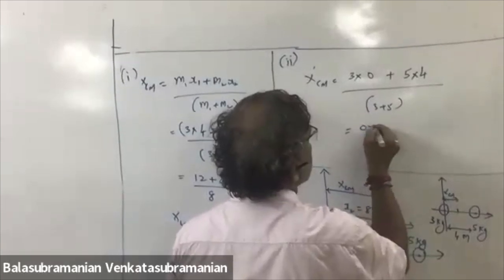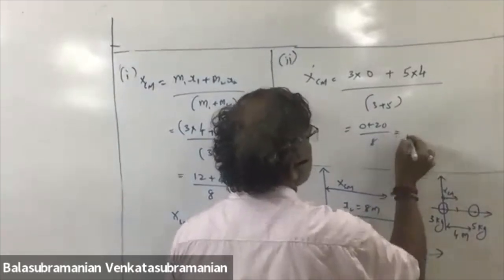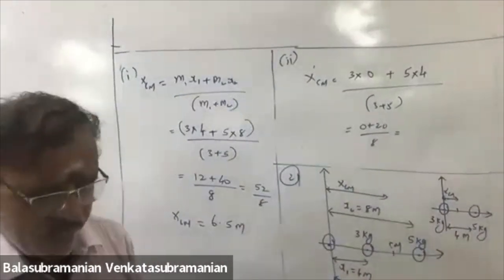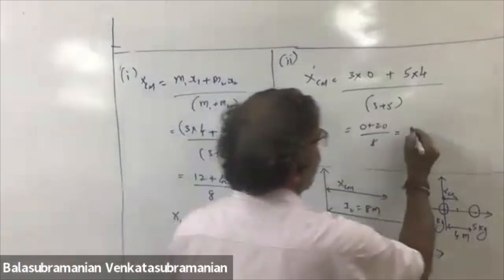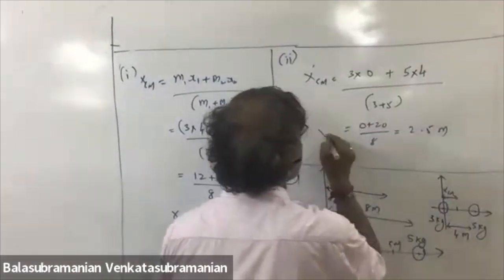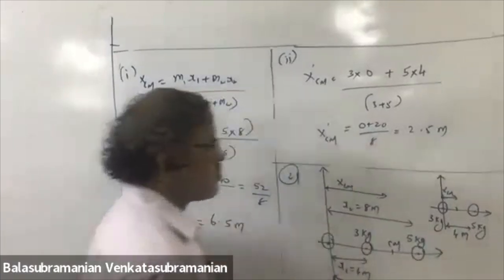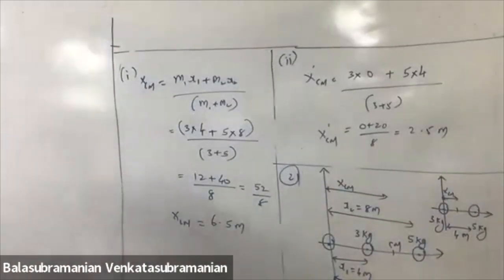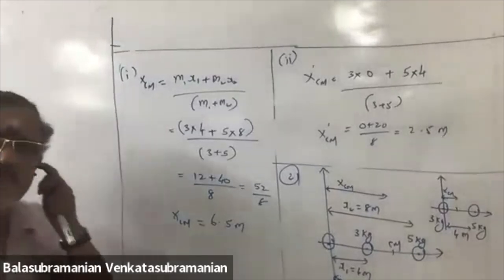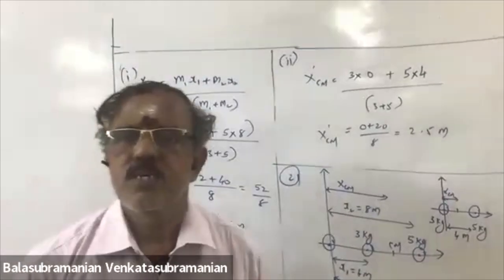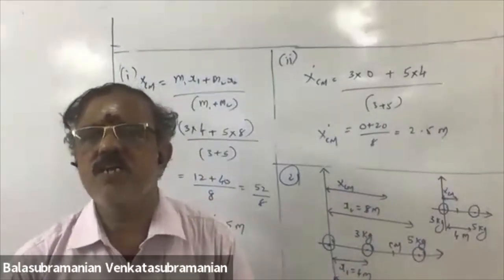So I can write 0 plus 20 by 8. 20 by 8 is 2.5 meters. Simple. Correct? Center of mass, we have done 2 problems.